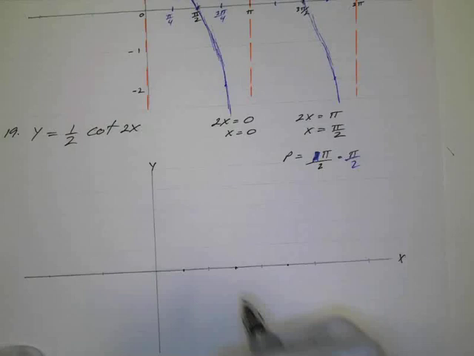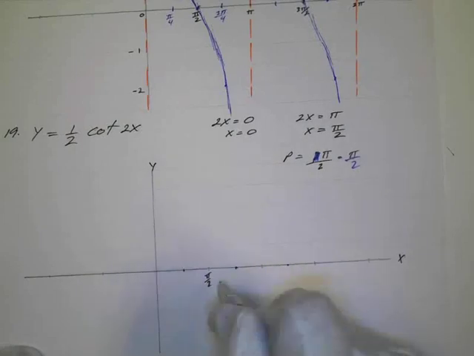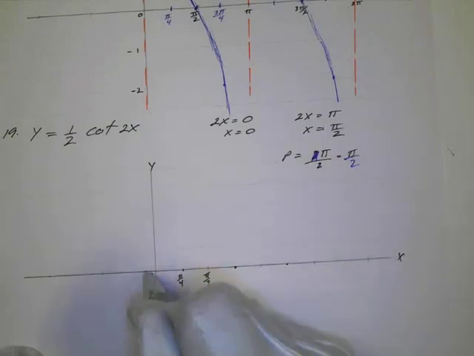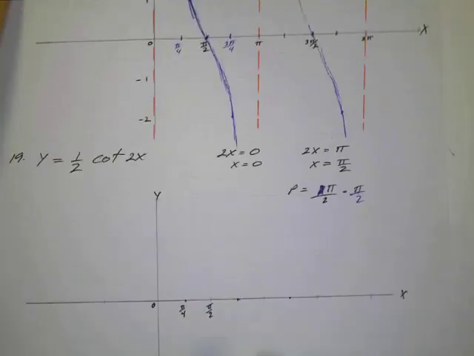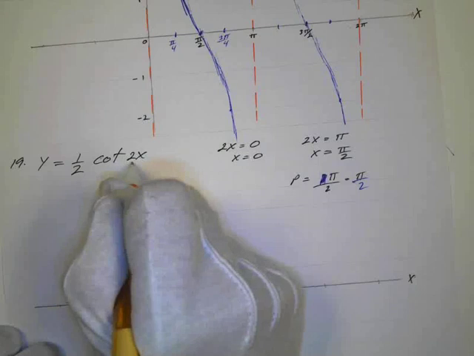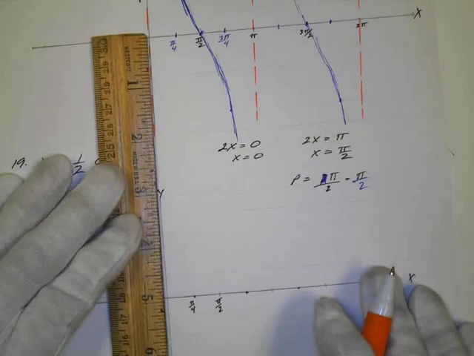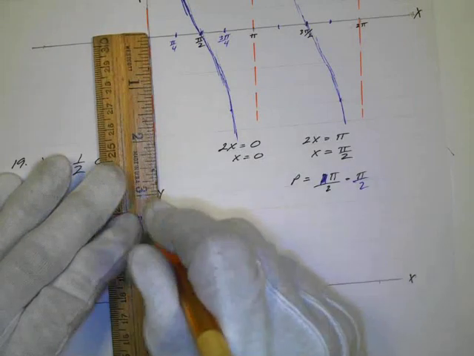So if this would be pi over 2, and this would be pi over 4, I know I have asymptotes in this case now at 0 and pi over 2 because of this 2 over here. Changes my period. So I'll put my asymptotes here at 0. X equals 0.